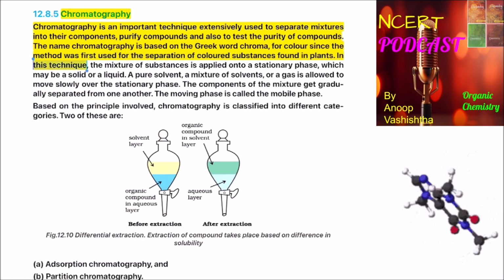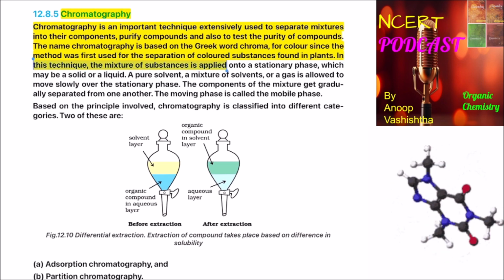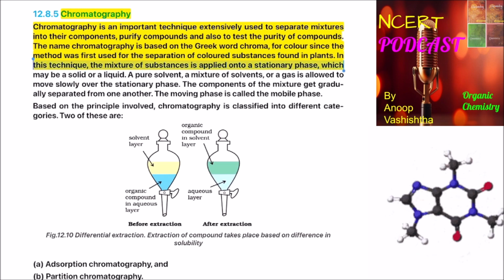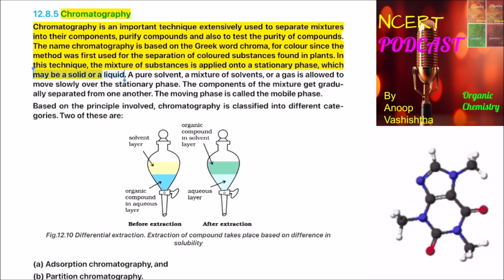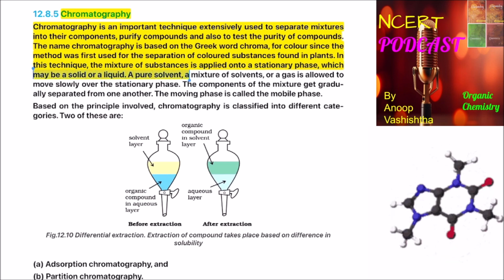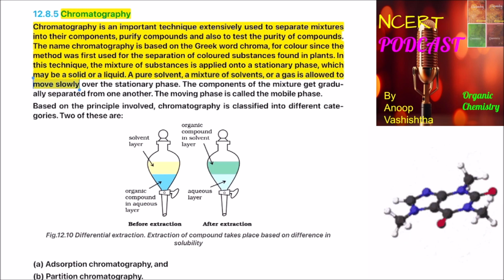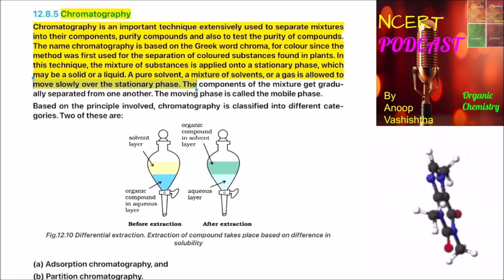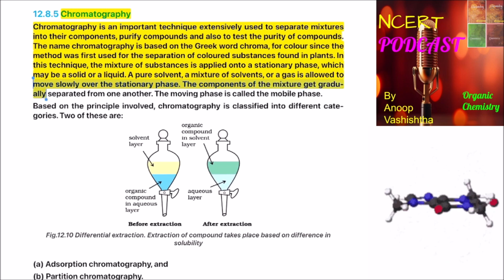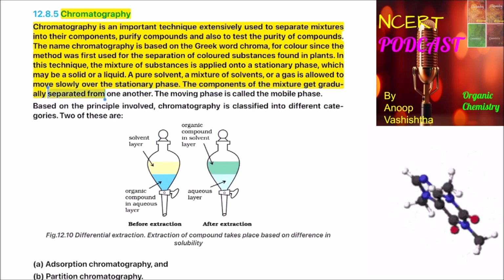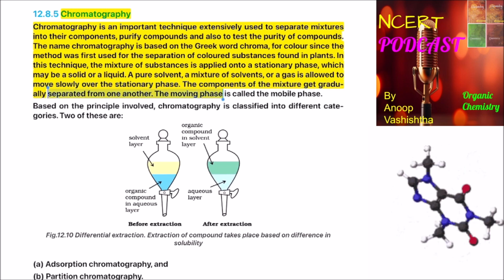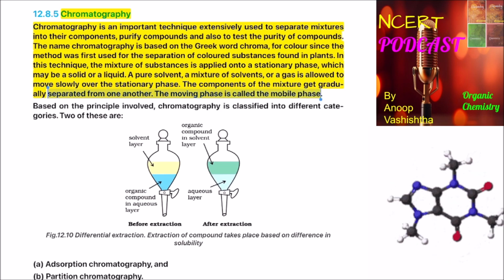In this technique, the mixture of substances is applied onto a stationary phase, which may be a solid or a liquid. A pure solvent, a mixture of solvents, or a gas is allowed to move slowly over the stationary phase. The components of the mixture get gradually separated from one another. The moving phase is called the mobile phase.